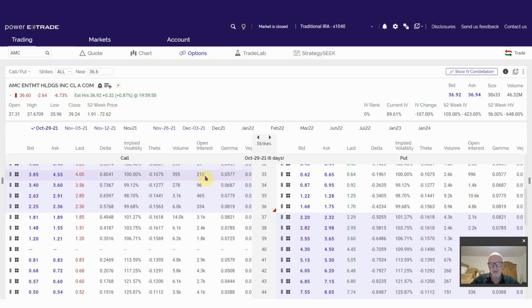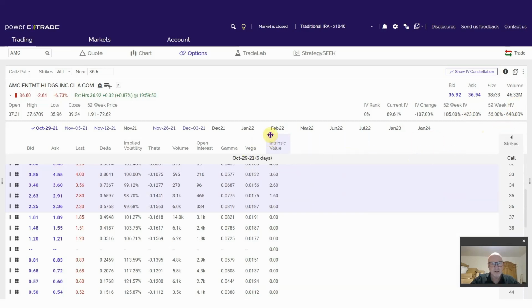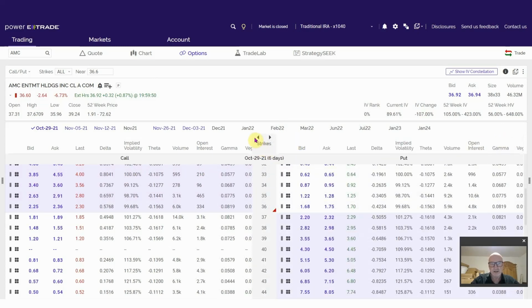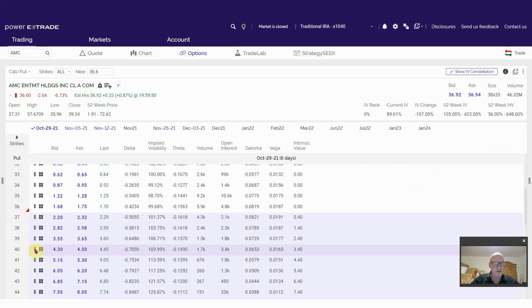This section here is the call. Here's the strike price, and here is the put column. I can simply click these arrows and now it's only on calls. Or I can flip the arrow this way and now I have only puts.